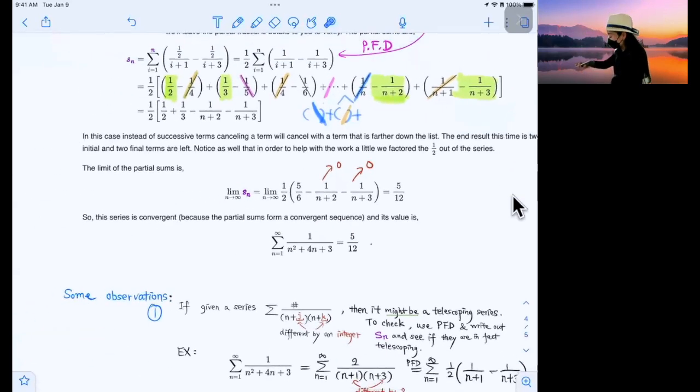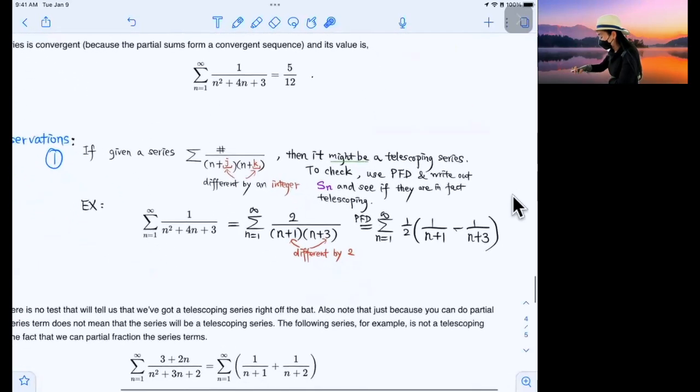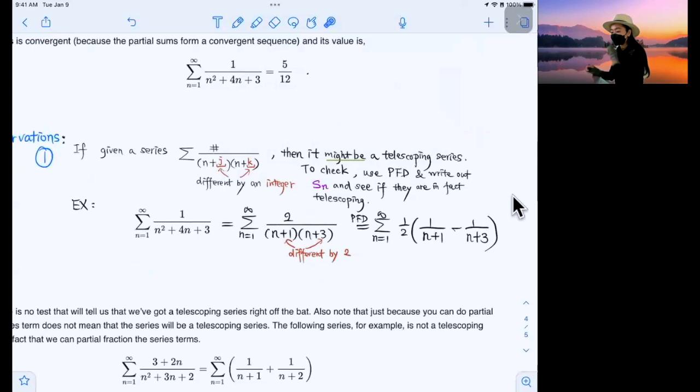Now I'm going to give you guys some observations. How can you tell a series here is a telescoping series? There's no clear-cut guideline. Okay, there's something that can suggest that it's a telescoping series.